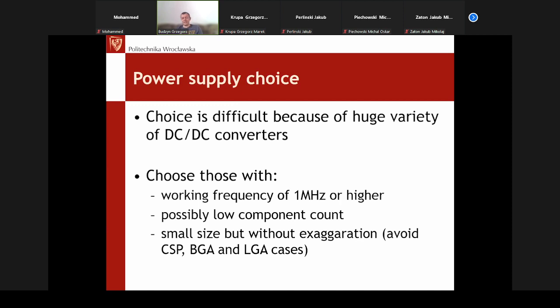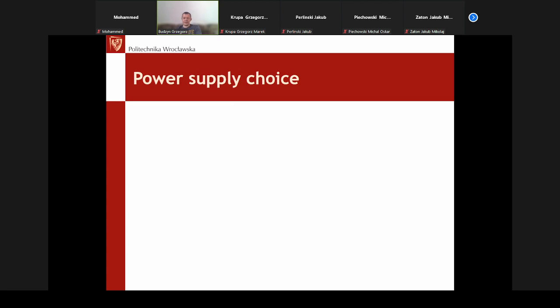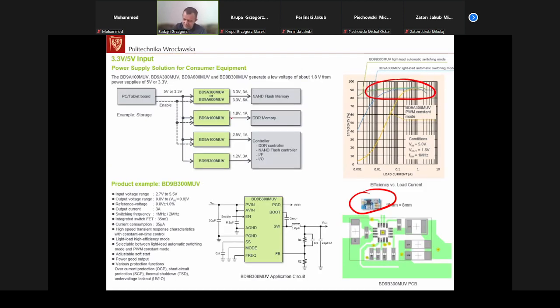But the second problem is that even if the case is tiny, and even if there is a very high efficiency of power conversion, there is still some power dissipation going on. If the case is too small, then we start to have problems dissipating the heat from this super small case. Here, take a look. Here we have a normal case. In this kind of case, we've got the thermal pad under the chip. This is a normal picture of DC-DC converters, and the thermal pad is important.